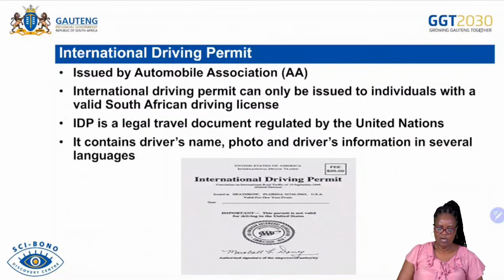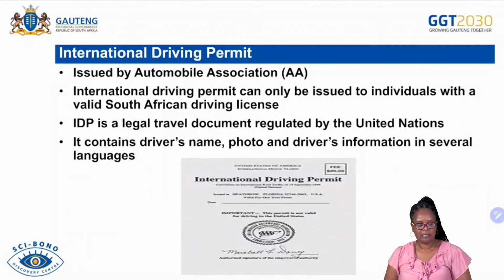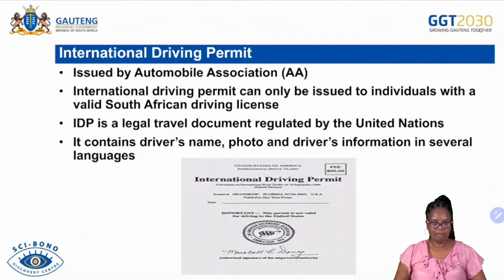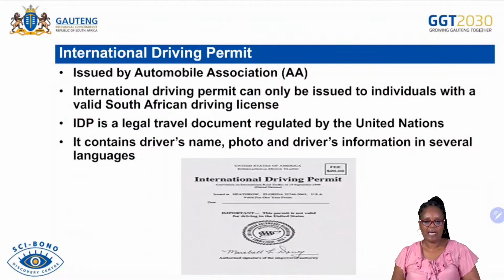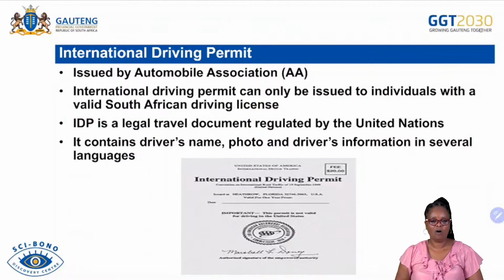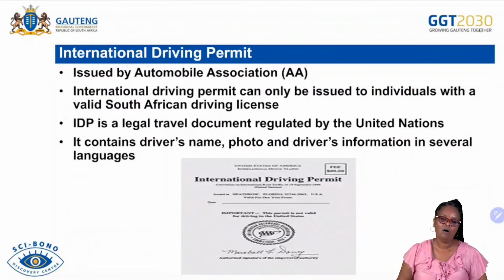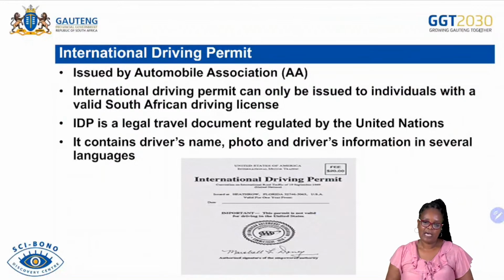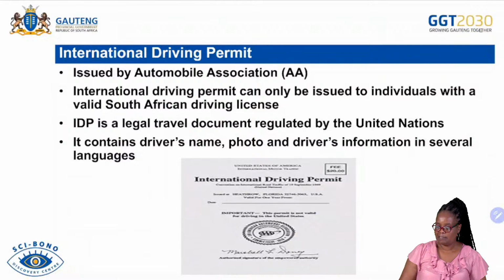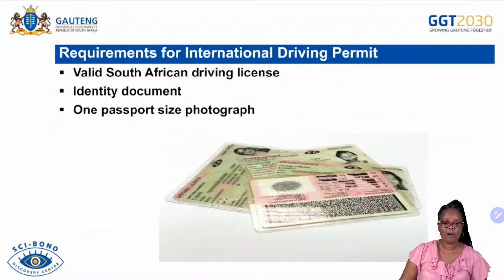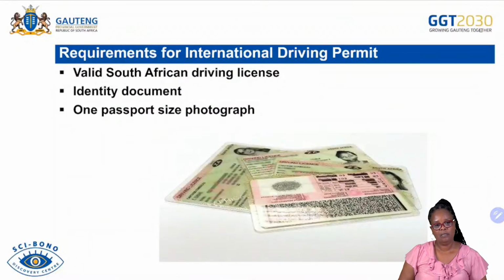So you have to use it together with the driver's license. Always carry your IDP and driver's license for you to be able to comply with the rules of that country.